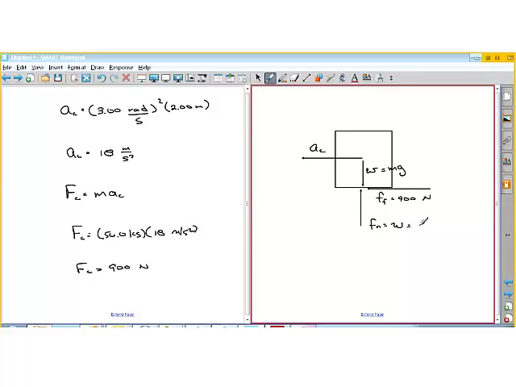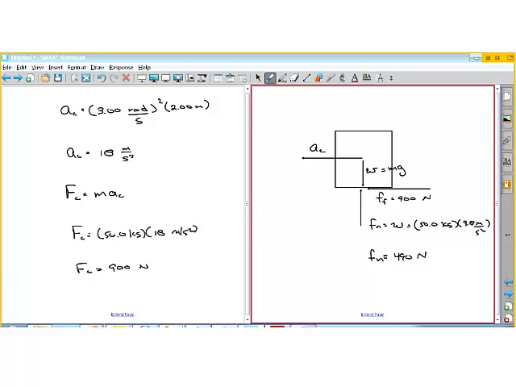So the weight is going to be equal to the mass, which is 50 kilograms, times g, which is 9.8 meters per second squared. So 50 times 9.8 is 490 newtons.